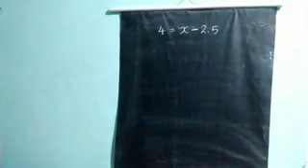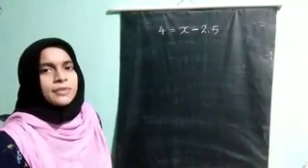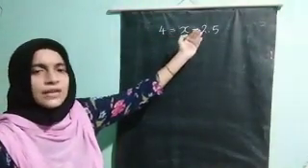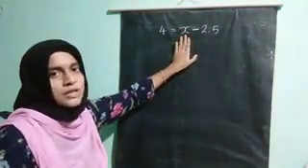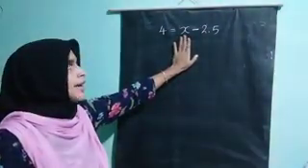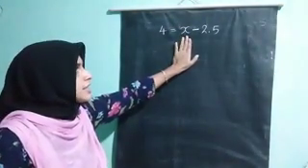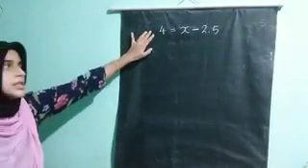Next question. 4 equal to x minus 2.5. Here you can see x is on the left side. What is the sign of x? That is positive. So you don't worry about the x on the left side. You can keep the x there. Take this minus 2.5 to the other side.